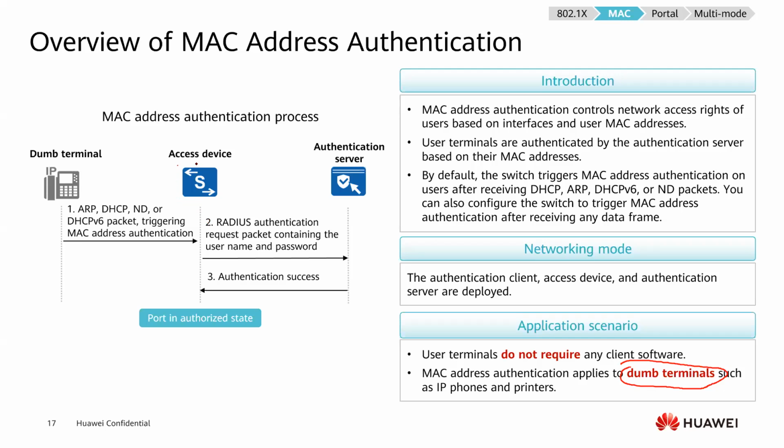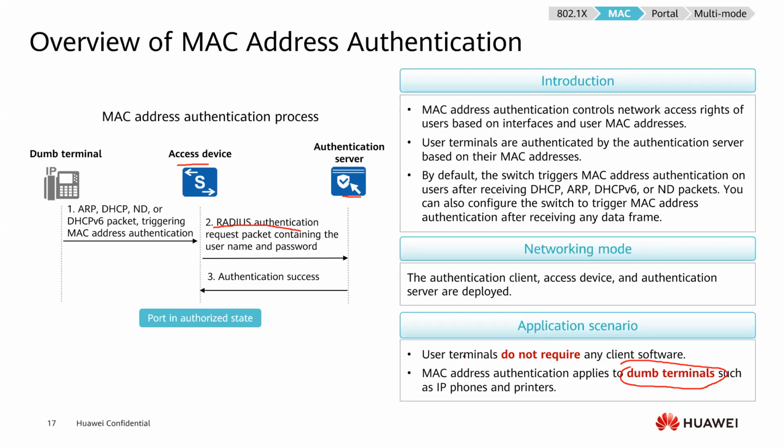The access device gets the MAC address information from the packet, and then it includes this information in the RADIUS packet to the authentication server. The server checks whether the MAC address has been planned and deployed on the server. If the MAC address matches a valid MAC address, it will successfully go through the authentication process. So this is the whole process for MAC address authentication.